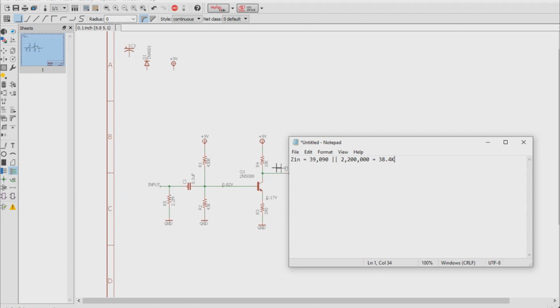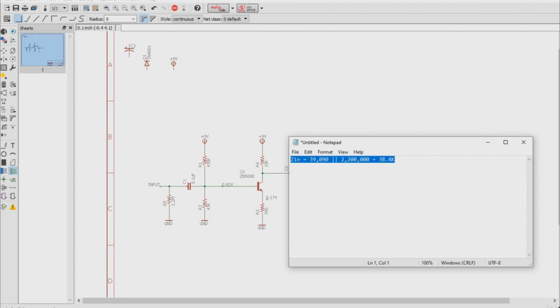Not a big deal. So use that as a consideration. If you're intending to put this at the very beginning of a circuit, then you may want to increase values of R1 and R2 to get a higher input impedance. But in doing so, again, you're going to be changing the voltage divider math, and you're going to be changing the biasing of the transistor, and like I said, there's a lot going into that.